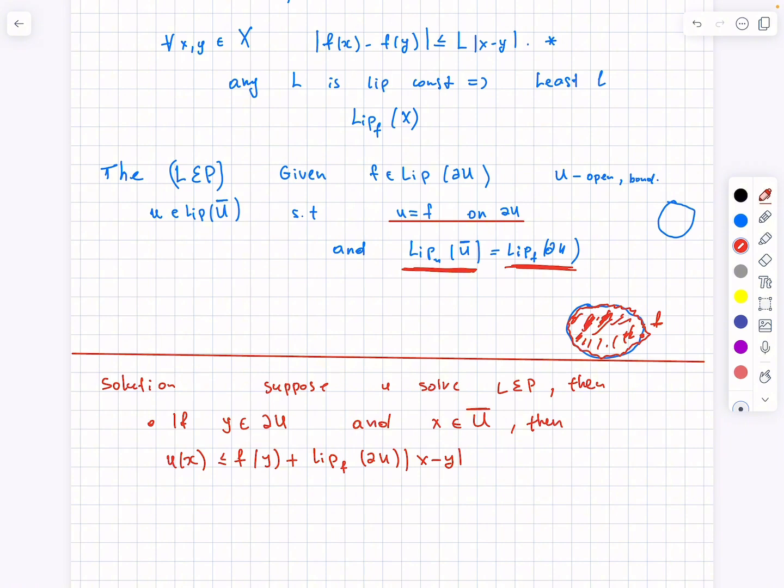Why is this true? Because if you solve this Lipschitz extension problem, then |u(x) - f(y)|, y in the boundary, is less or equal than Lip(f, ∂U) |x - y|.